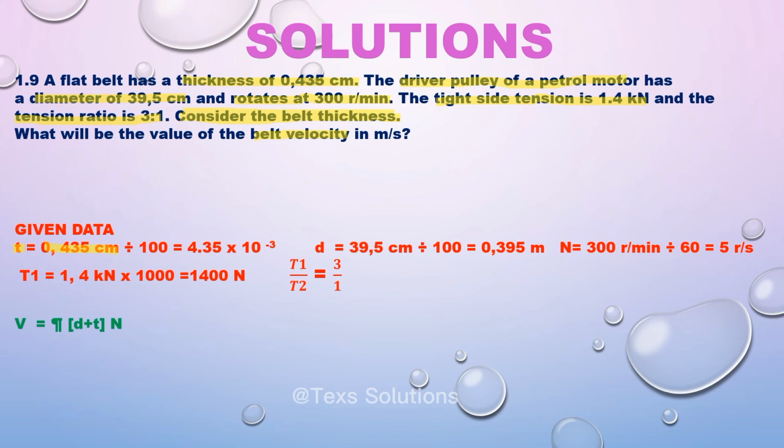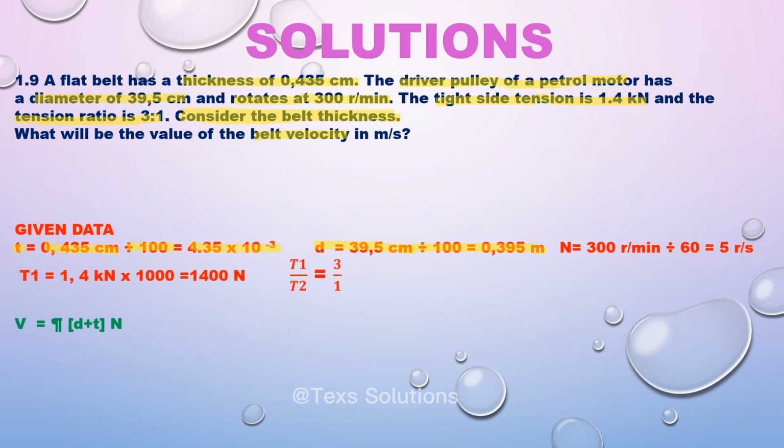To convert from centimeters to meters, I divide by 100 and my thickness becomes 4.35 times 10 to the minus 3 meters. The diameter here is 39.5 centimeters. Again, I divide by 100 and my diameter becomes 0.395 meters.